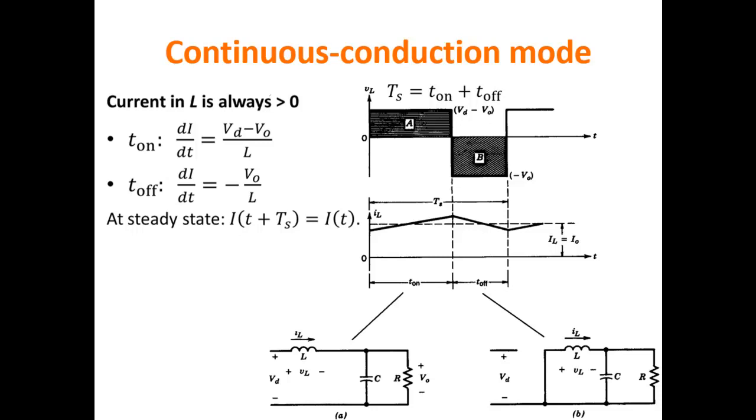Then we can add another consideration, which is the fact that in a periodic situation, in a steady state situation, this behavior is completely periodic, which means that everything here must be repeated after exactly one period. And for example, also the current here must be equal to the current here.